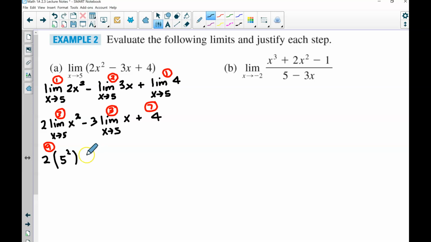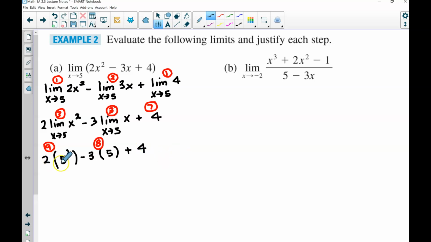Okay, and then we have minus 3. The limit as x approaches 5 of x would then just be the number 5. And again, we're using rule number 8. And then this becomes plus 4. It remains 4. Okay, so now we can just do order of operations.